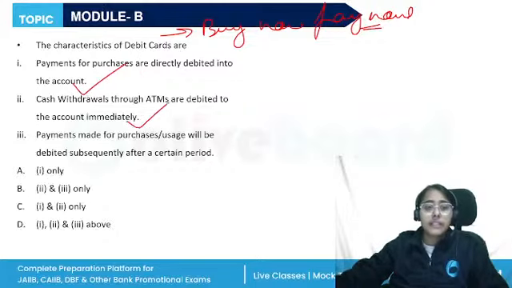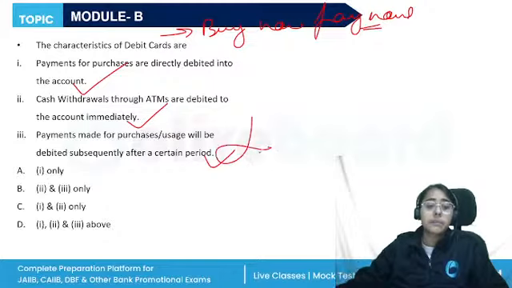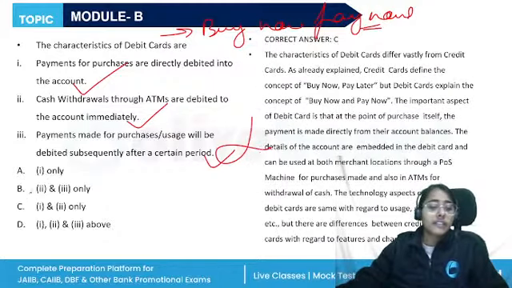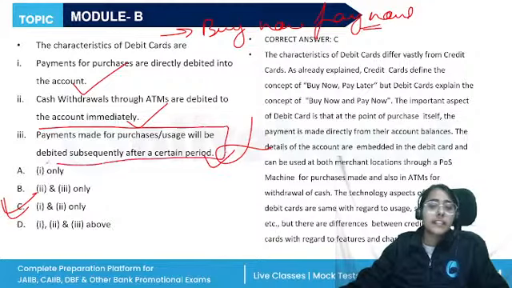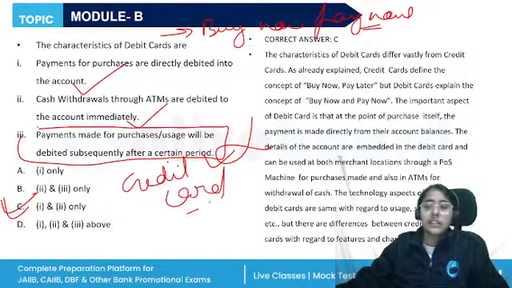Cash withdrawals are debited to the account immediately. Payments for the purchases will be debited subsequently after a certain period, no. The correct answer will be 1 and 2 only. This third statement is related to a credit card.